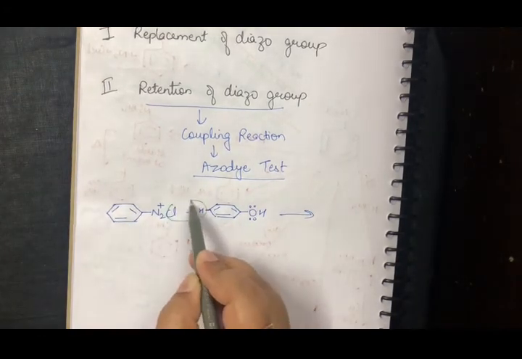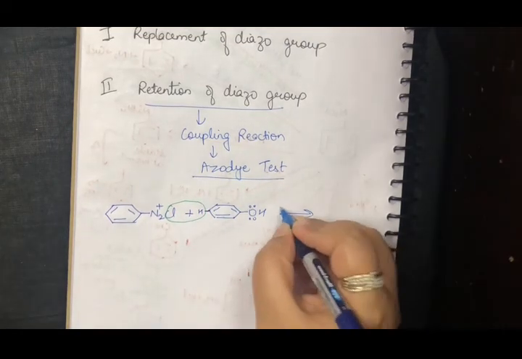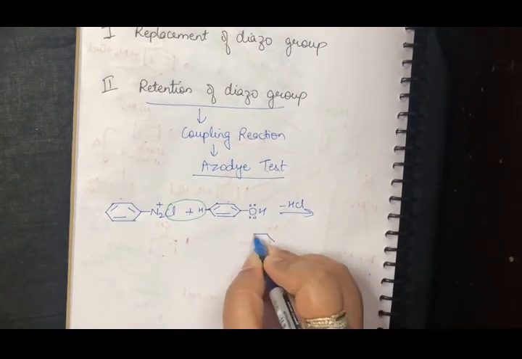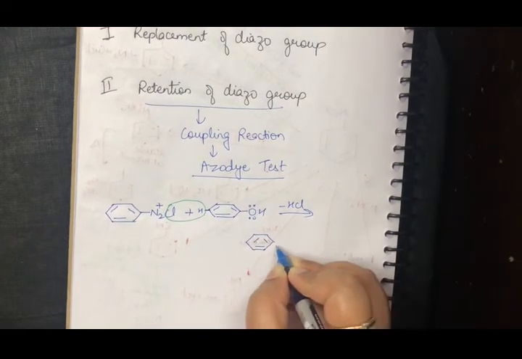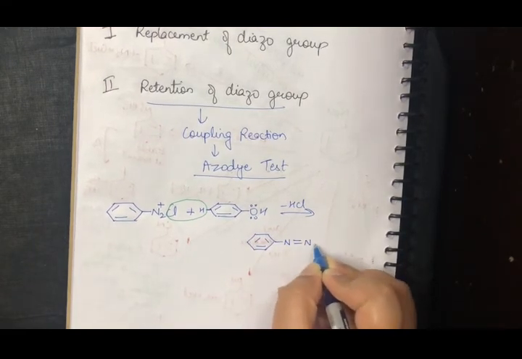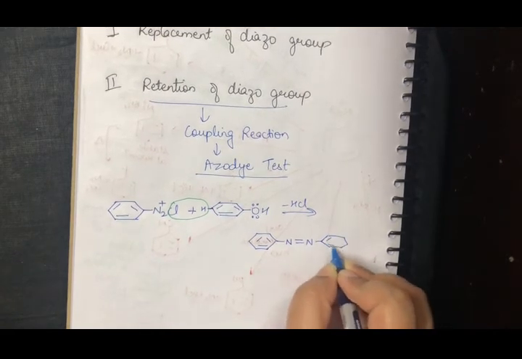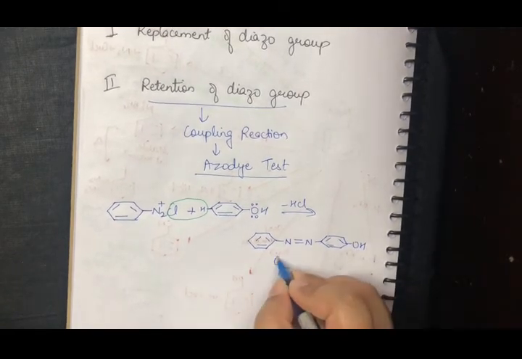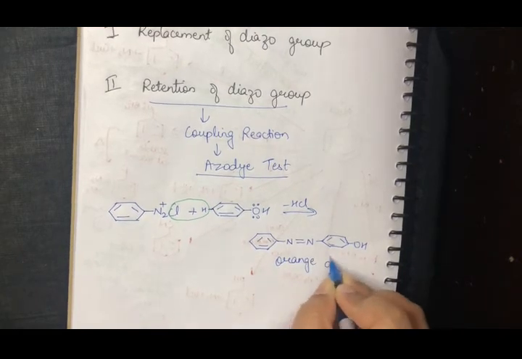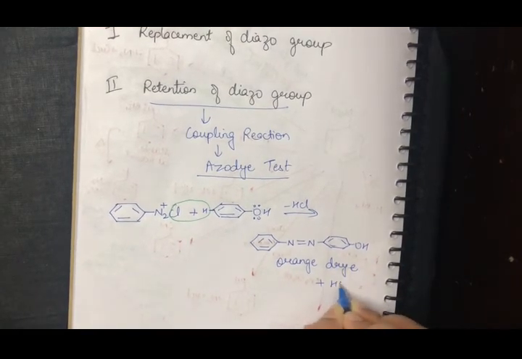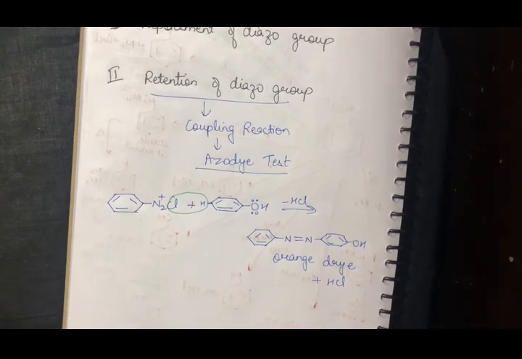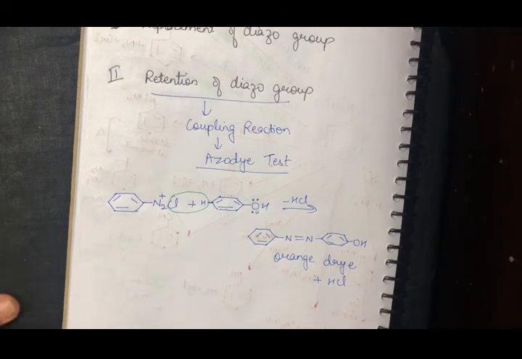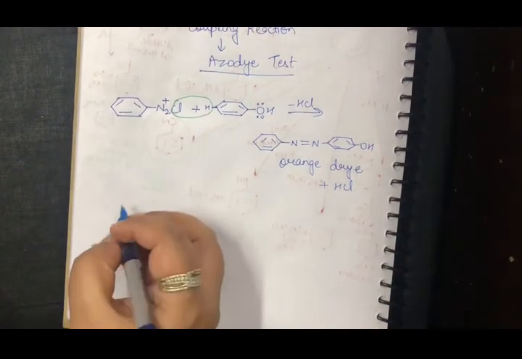Now this HCl combines and goes off. So what do I get? I get N double bond N with a benzene ring which has an OH. This compound is called an orange dye, along with HCl. This is a dye and it is bright orange in color. So the moment it is formed, it confirms its presence. You will not have to heat it or do something else to get the confirmation.